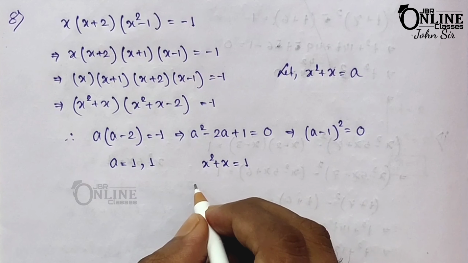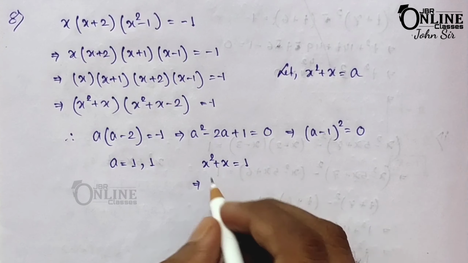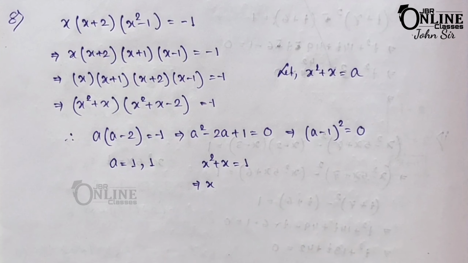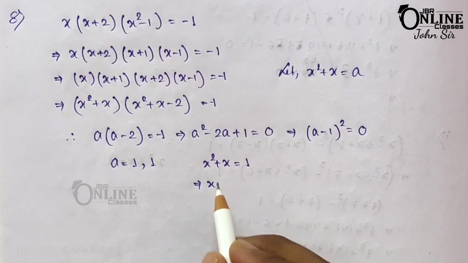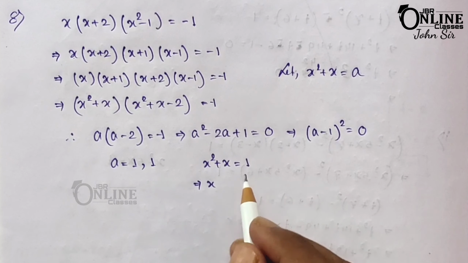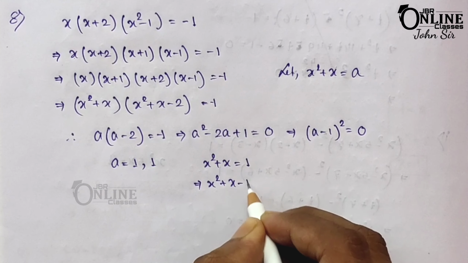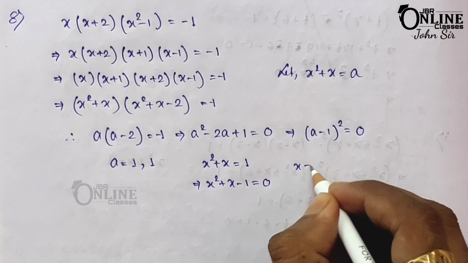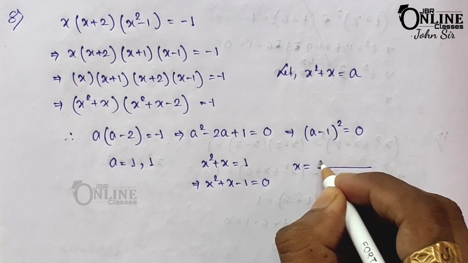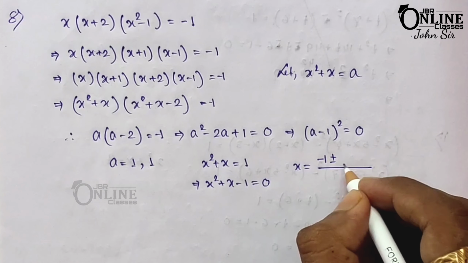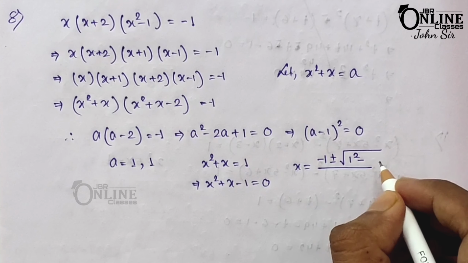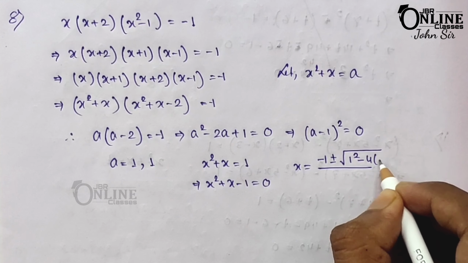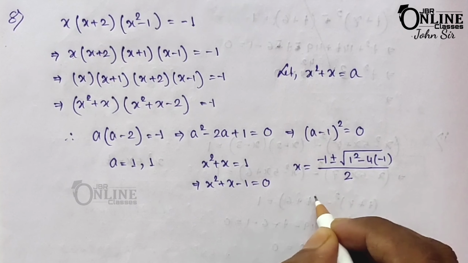x square plus x equal to 1. So now x square plus x minus 1 equal to 0. And here if you apply the Sridhar Acharya formula, then you will get x equal to minus 1 plus minus root of 1 square minus 4ac, that means 4 into minus 1, divided by 2.